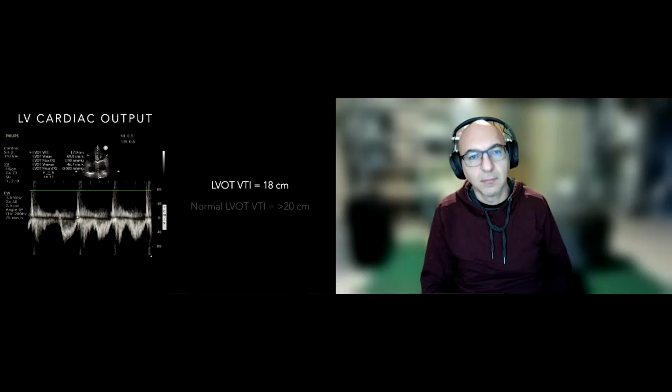This gives you a cross-sectional area of the flow through the valve, so you need to add in the volume component and then multiply that by the heart rate to get your complete cardiac output. A normal VTI is going to be greater than 20 centimeters here, and this one is about 18, so it's maybe slightly reduced from normal, but not far off.